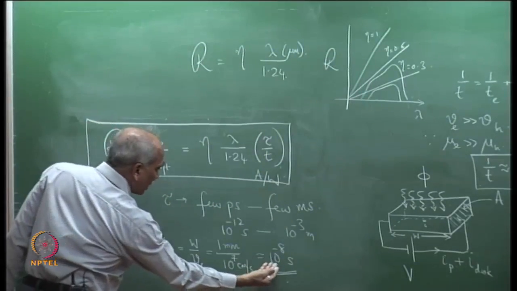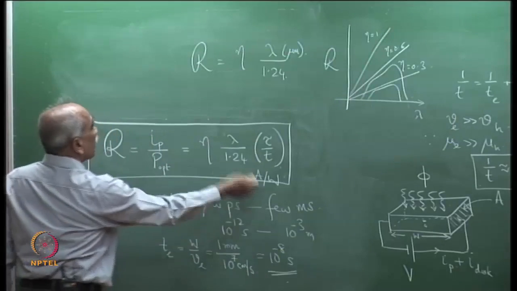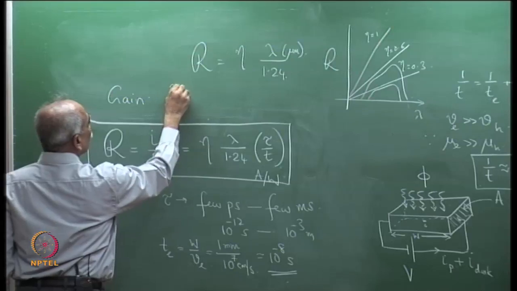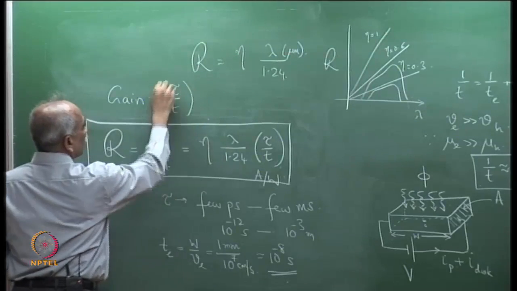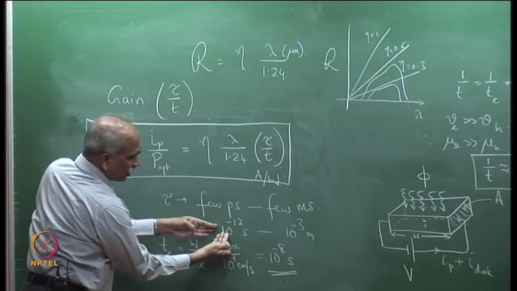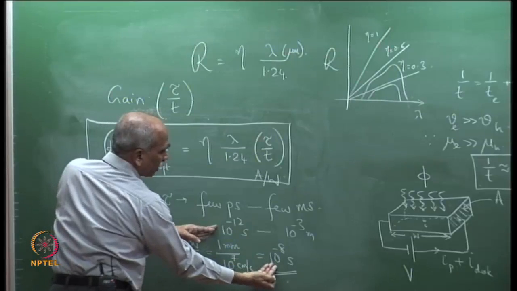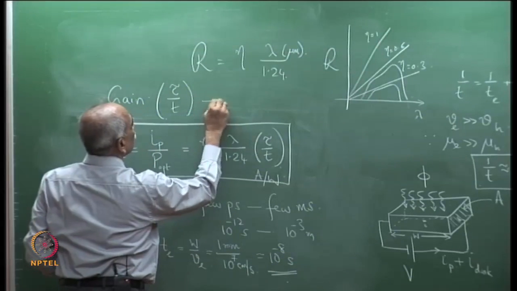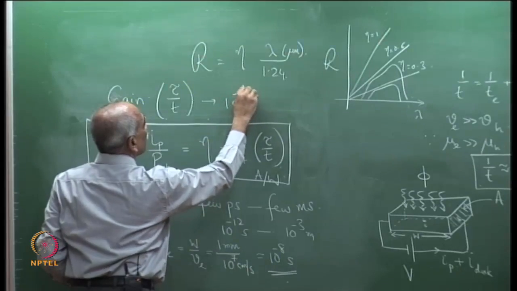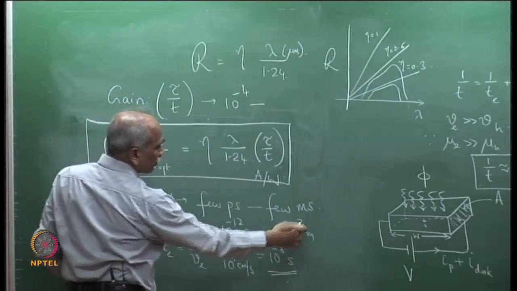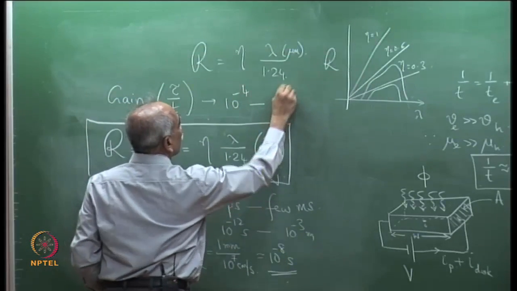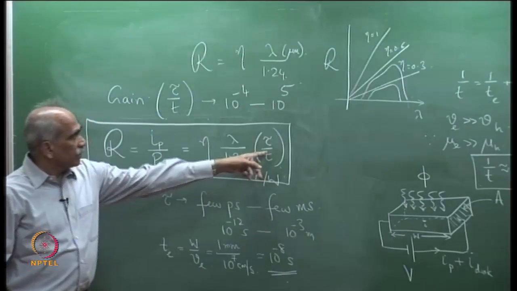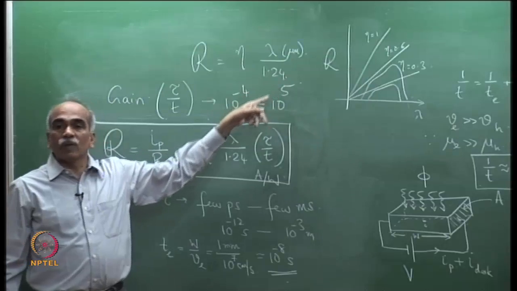Now, if I use 10 power minus 8, then the gain is tau divided by T. So, if you go to this end, it is 10 power minus 12 divided by 10 power minus 8, which is 10 power minus 4. So, this is ranging from 10 power minus 4 to, if you come to this end, 10 power 5. This factor is as high as 10 power 5.